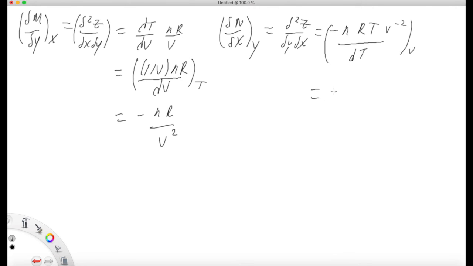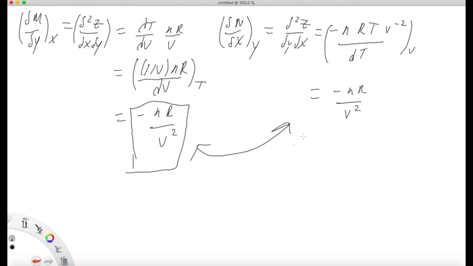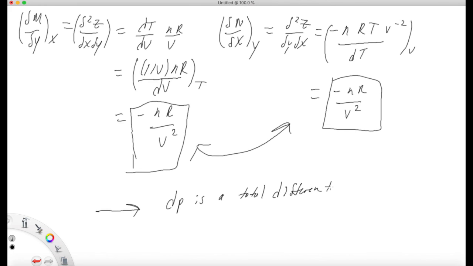So writing dV dT instead, if you're copying this down, that we have the derivative of V with respect to T instead of the other way around with the last function we looked at where we had dT dV. So if we take dV dT, we get minus nR over V squared, and that's the exact same thing that we had for the partial of M with respect to y at constant x. Okay, so we can say that dP is a total differential and pressure is a function of state.